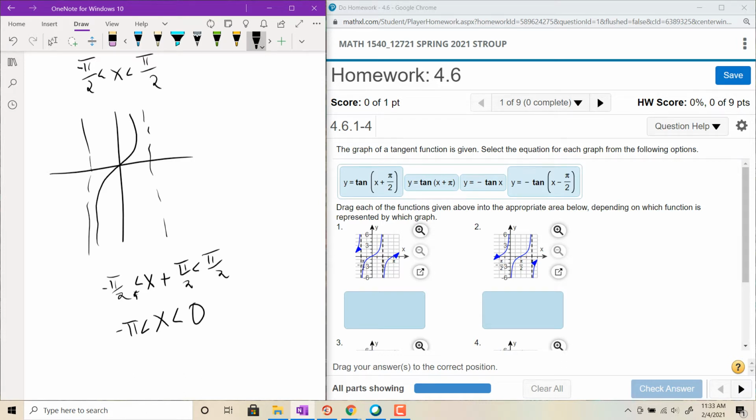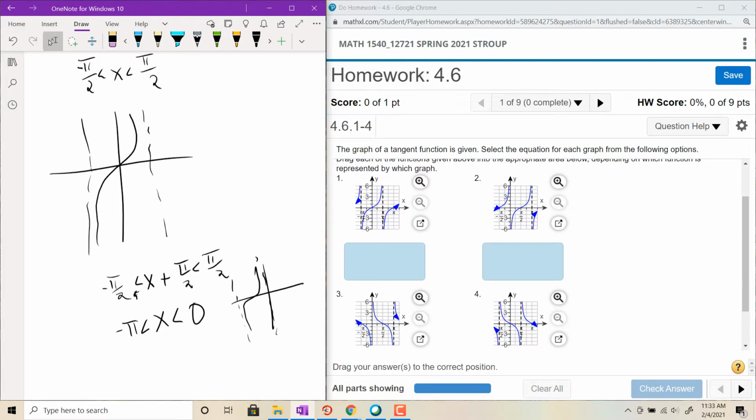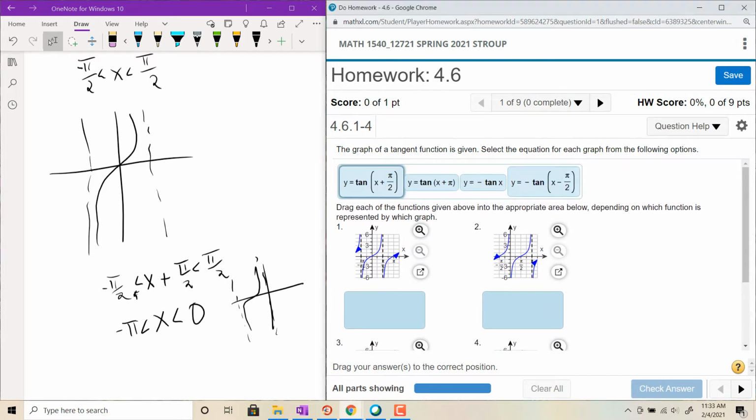So you should have one of your little curvy things here for that one. Which one was that? That's the first one, right? So let's see if we can find that guy. Looks like it's this guy here. Okay. Yeah, it has to be. All right.